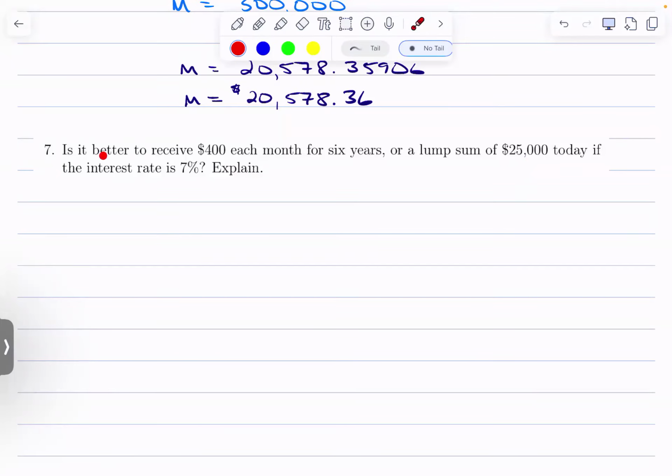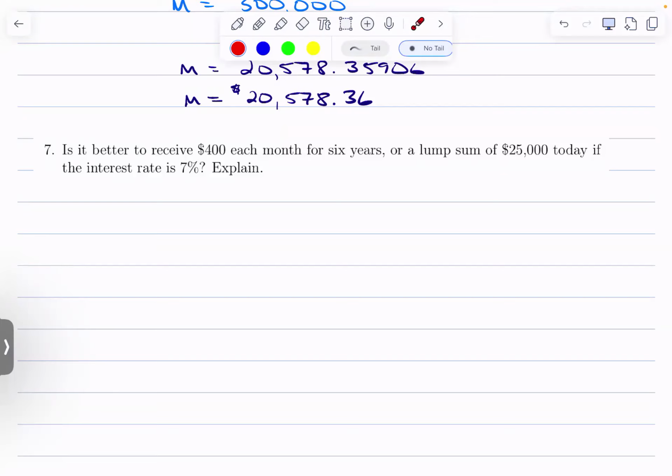I ask you to explain because, is it better? Well, that's up to you to determine which one's better. I like the one that is more money, but if you don't, then you can tell me that that's better. And that's your explanation. We still have to do the math, but for the record, I prefer the one that is more money.